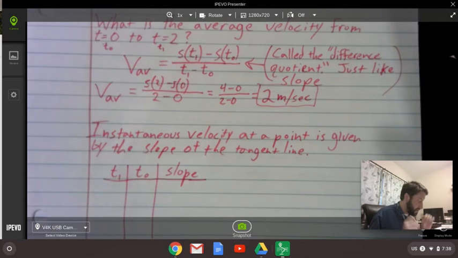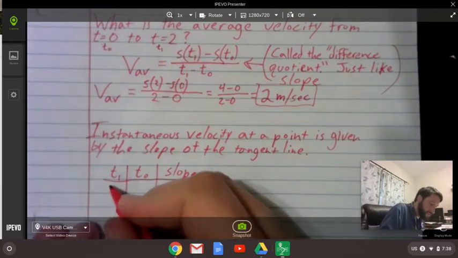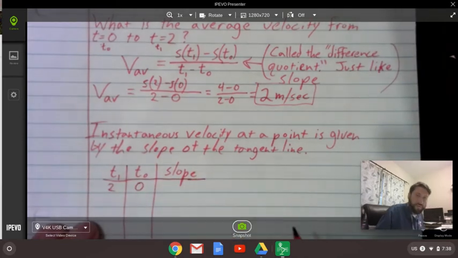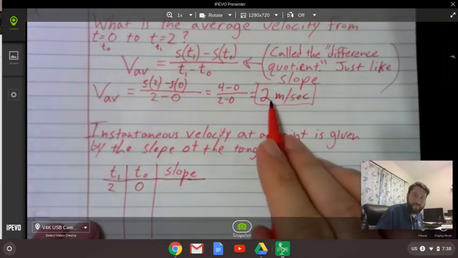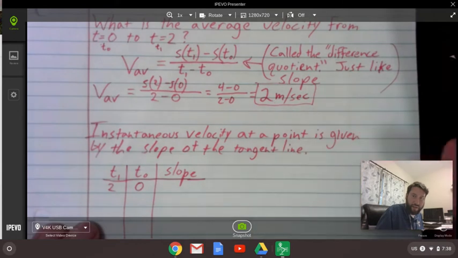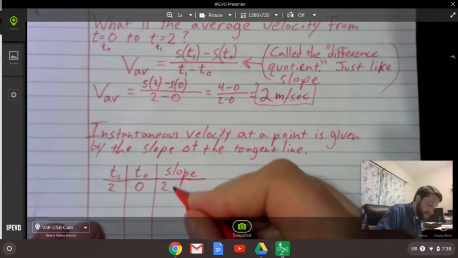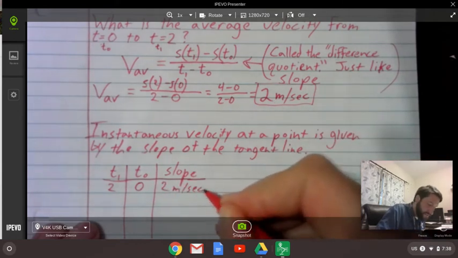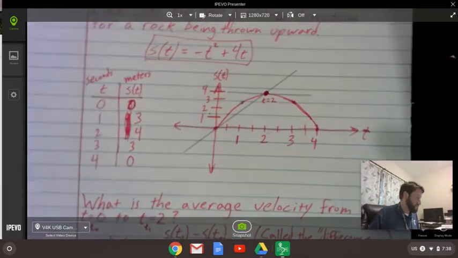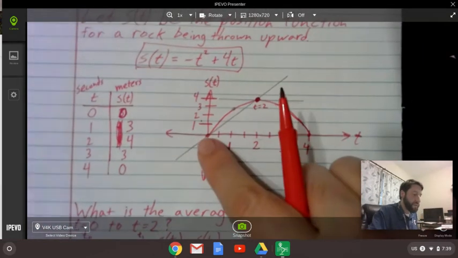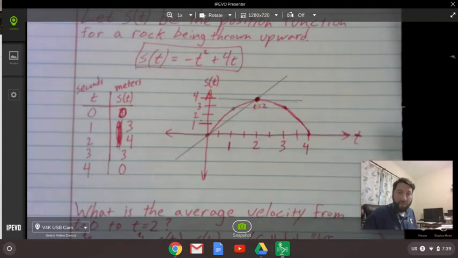So let's start with what we know. We know that from 2 to 0, the slope is 2 meters per second. That's my velocity, okay? So 2 meters per second. Now, you're probably wondering, how does that help us? Well, here's the idea.